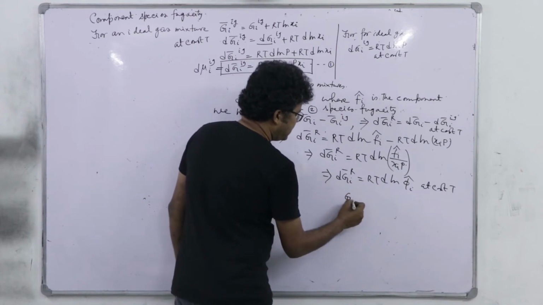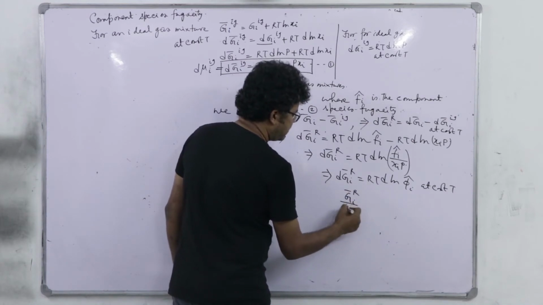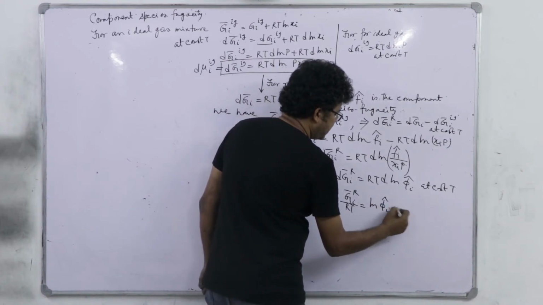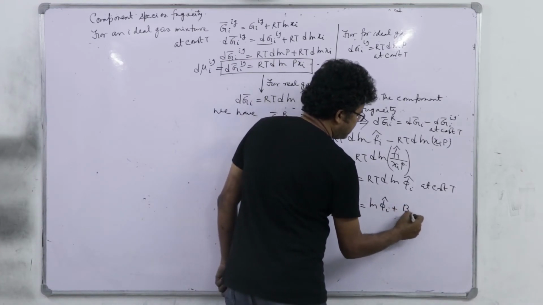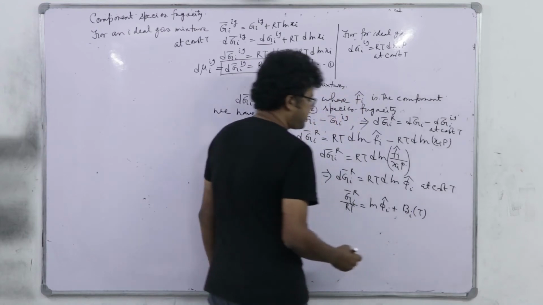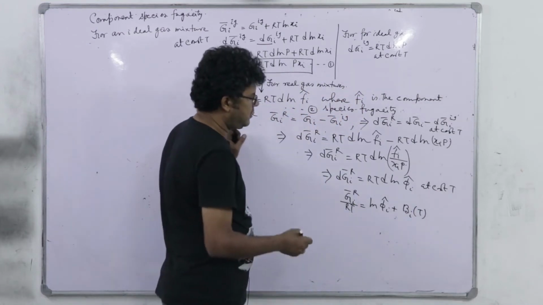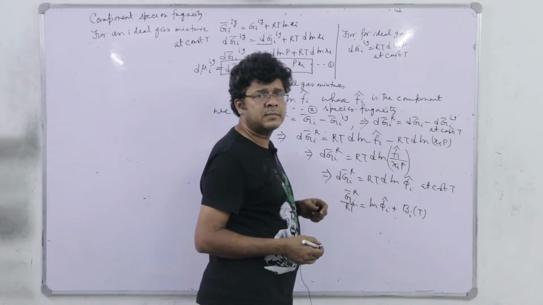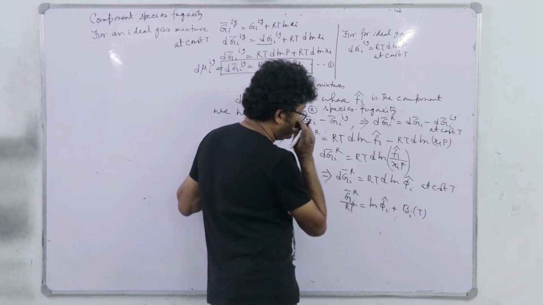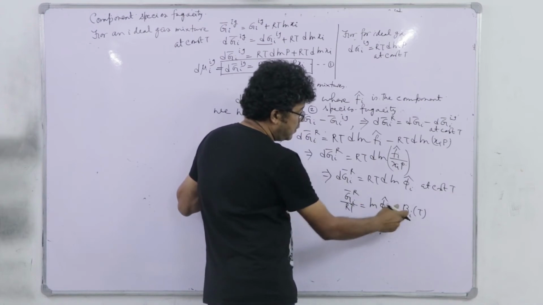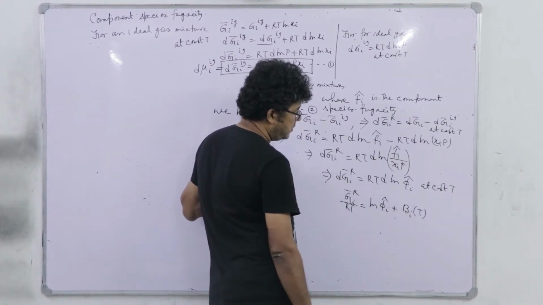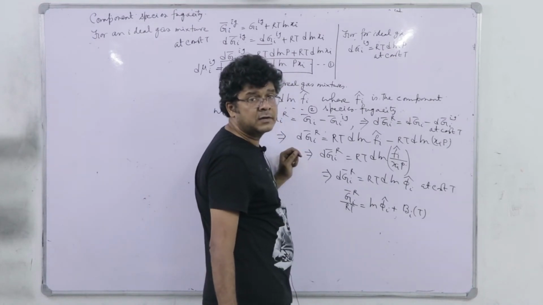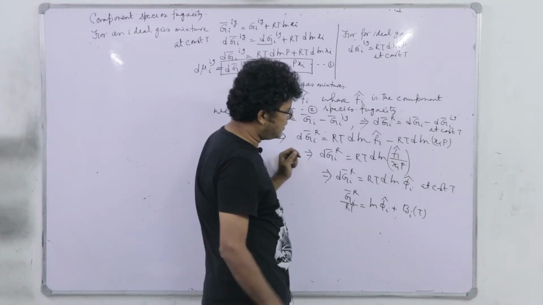If you integrate it, you will get Gi bar R by RT equal to ln phi i cap plus a constant, say Bi, which depends on temperature and on the species, but does not depend on whether it is a real or ideal gas mixture.